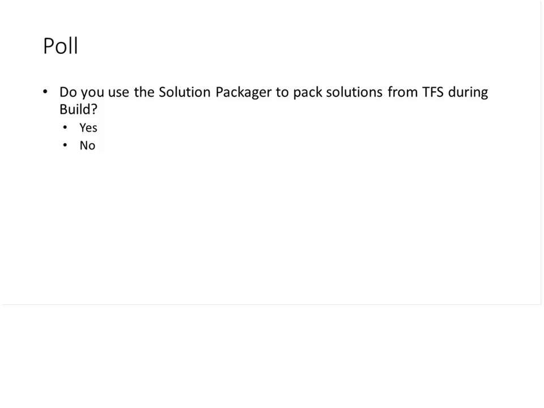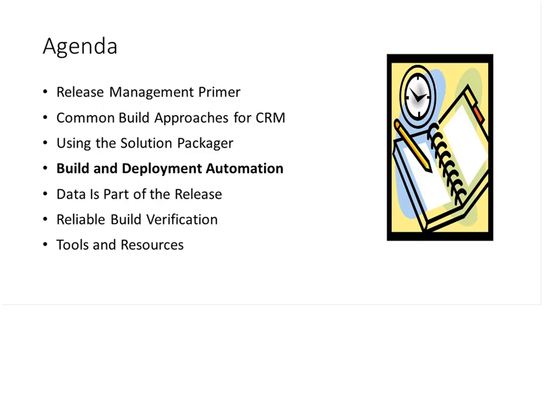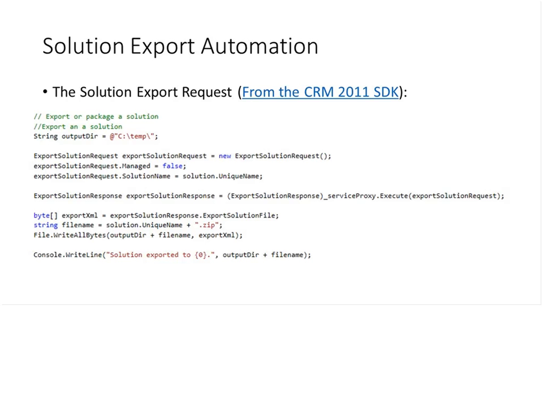Now, I'm going to talk next about build and deployment automation and where and how we can use automation in this process. The first area is during development, to help our developers check in their changes in source control. As we discussed earlier, before you can check in your changes, you have to export the solution from your development environment and then unpack it.